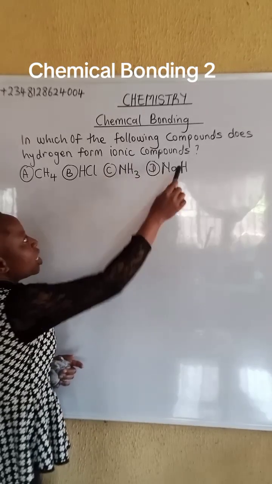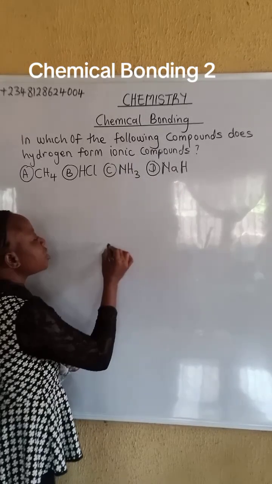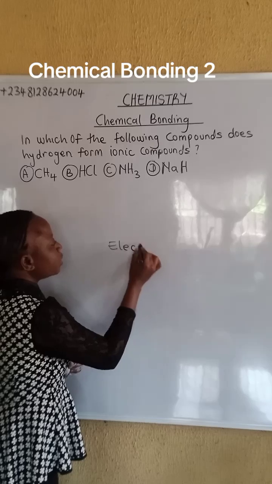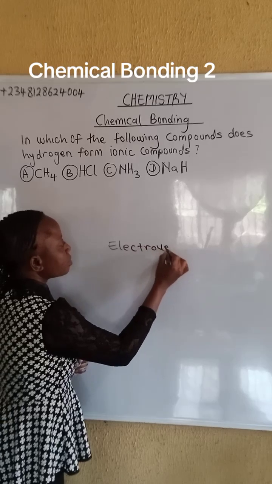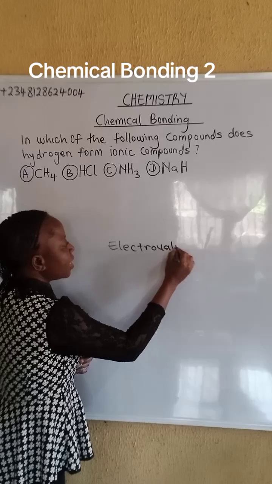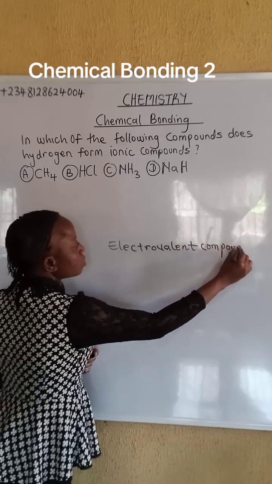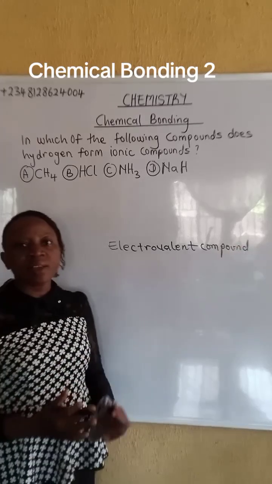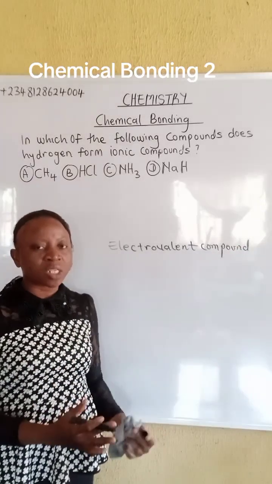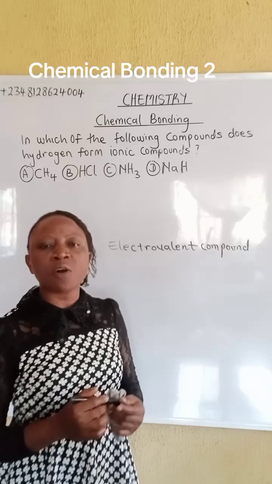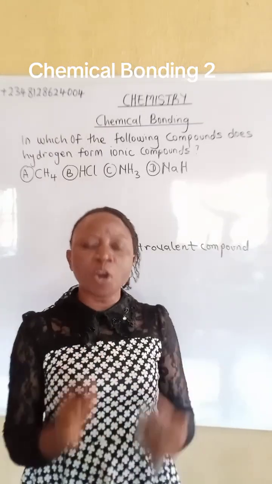Then what is ionic compound? Ionic compound is also known as electrovalent compound. Then how can we recognize an electrovalent compound? Electrovalent compound consists of a metal and a non-metal.